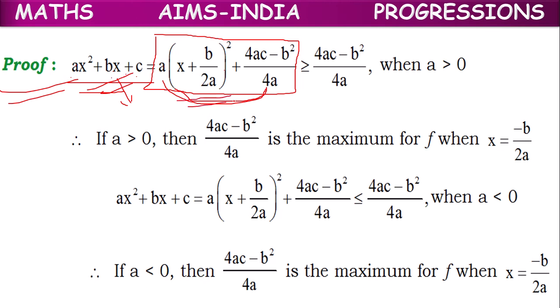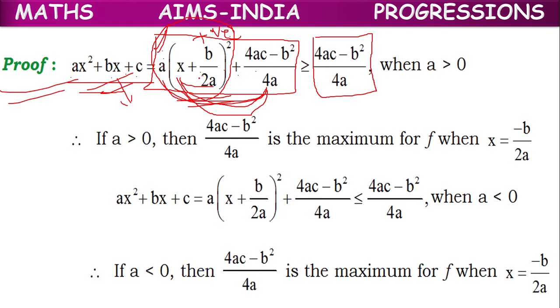So this value depends on the a value, because this part has a square, so it is always positive. If a is greater than 0, this total value is always positive, and if it is added to 4ac minus b square by 4a, the sum will always be greater than or equal to 4ac minus b square by 4a.